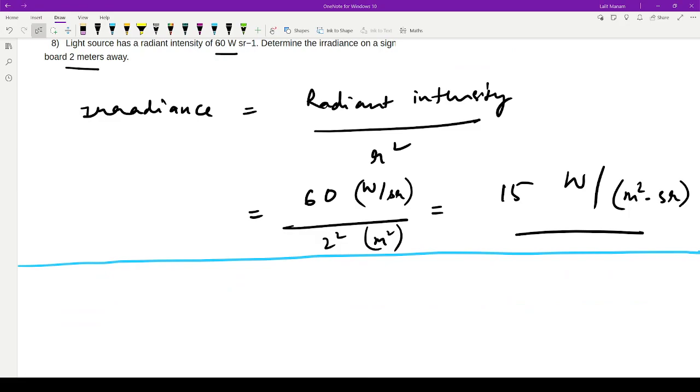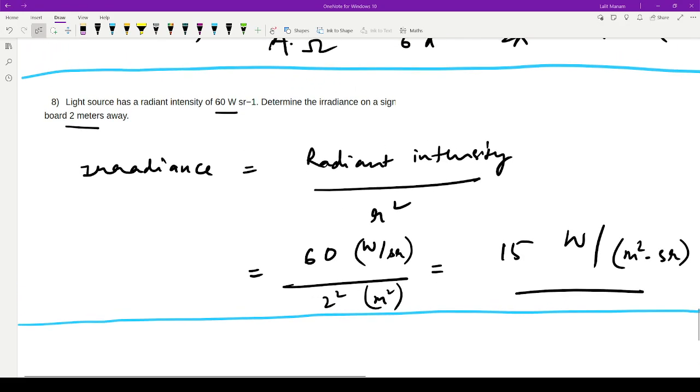Next is the question that was asked. Yes, irradiance is only watt per meter square, right? I did something wrong. It's not per steradian. The unit of irradiance is watt per meter square.